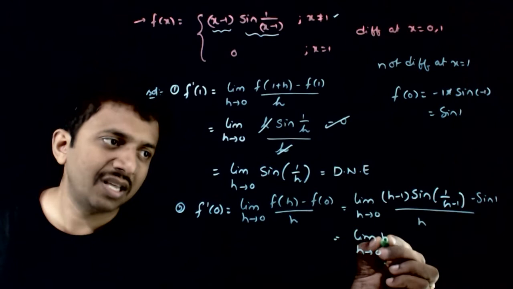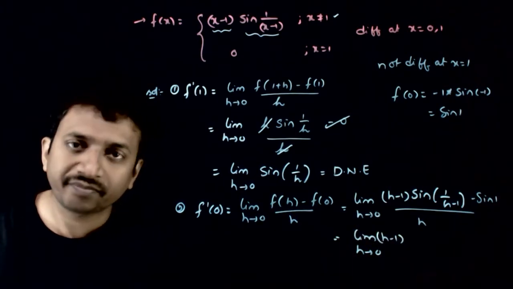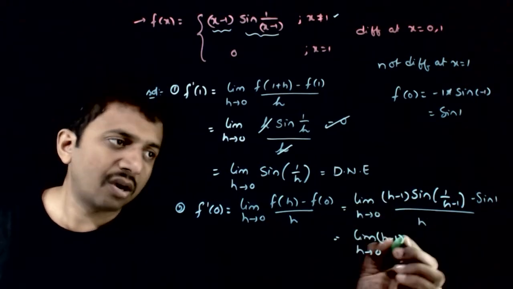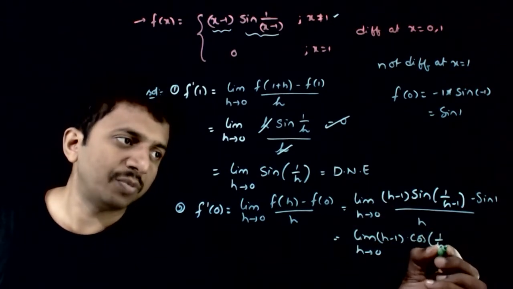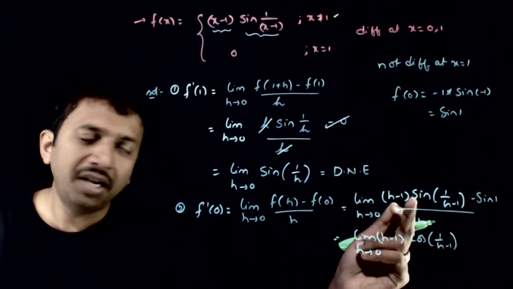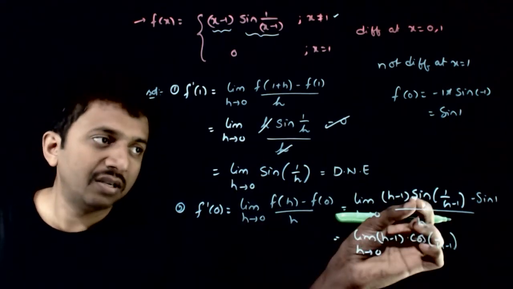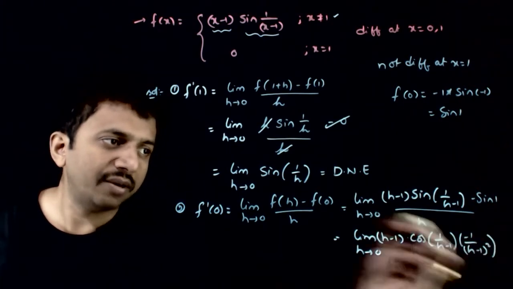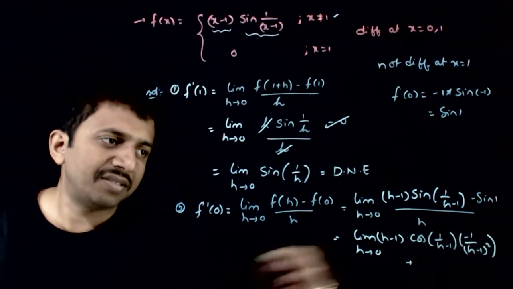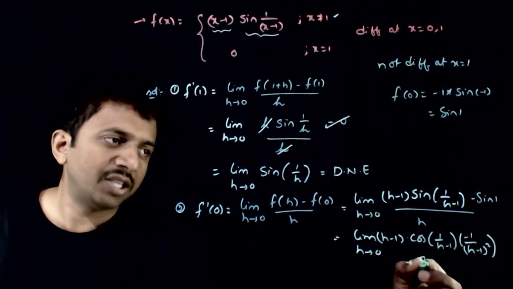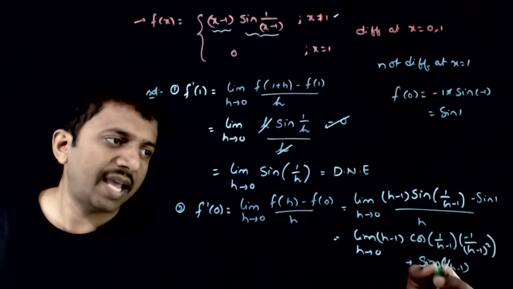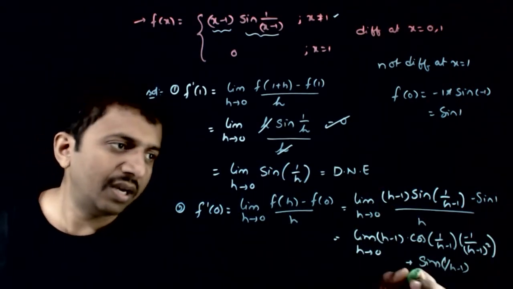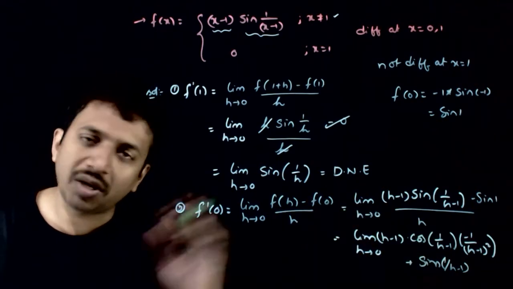The differentiation of this is (h minus 1) times cos of 1 by (h minus 1), into the differentiation of 1 by (h minus 1), which is minus 1 by (h minus 1) whole square, plus sine 1 by (h minus 1) into the differentiation of (h minus 1), which is 1, divided by the differentiation of h, which is 1.